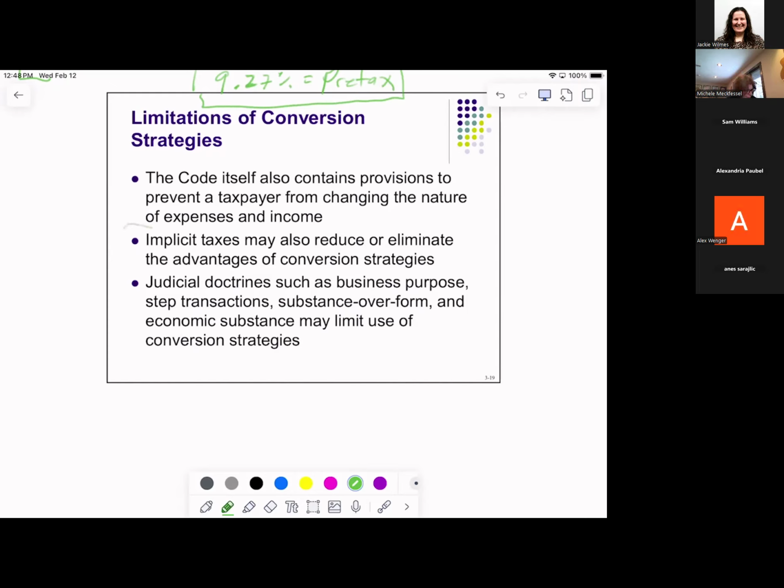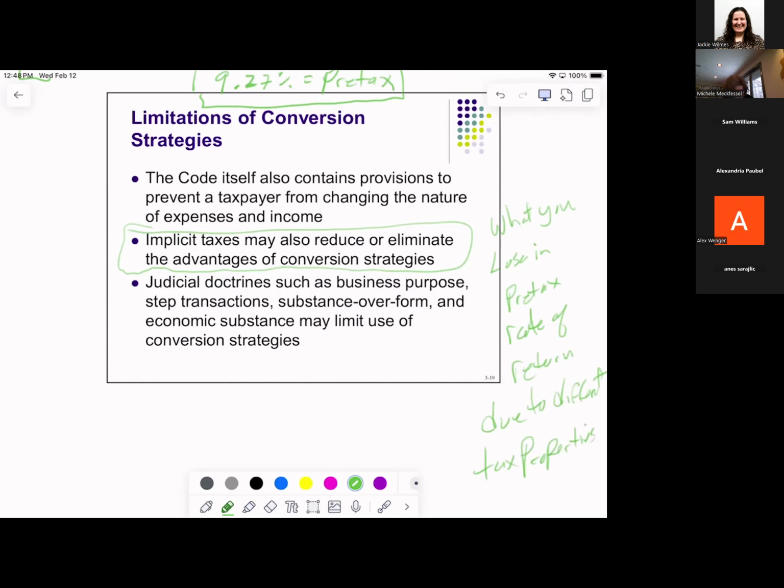We talked about implicit taxes, right? And remember, implicit taxes are kind of what you lose in pre-tax rate of return due to different tax properties, right?